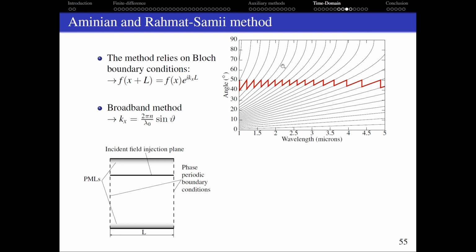Also, if you wanted to have an analysis at a fixed angle for all the different wavelengths, you would need to do all those calculations and interpolate the results on a line that goes through the angles that you want. If I wanted to have something at 45 degrees here, I would basically have to run 20 simulations and do the interpolation. So this is very, very time consuming.